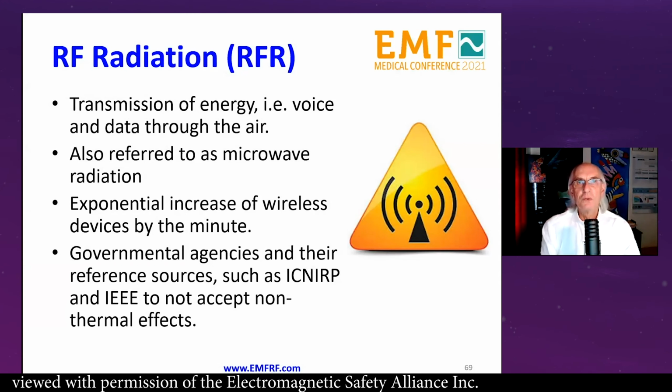All right, so we talked about alternating current magnetic fields and alternating current electric fields, and now we're going wireless. The number of wireless devices coming online is increasing exponentially, every day, every minute, every hour. So we'll see a large number of radio frequency devices in our environment.